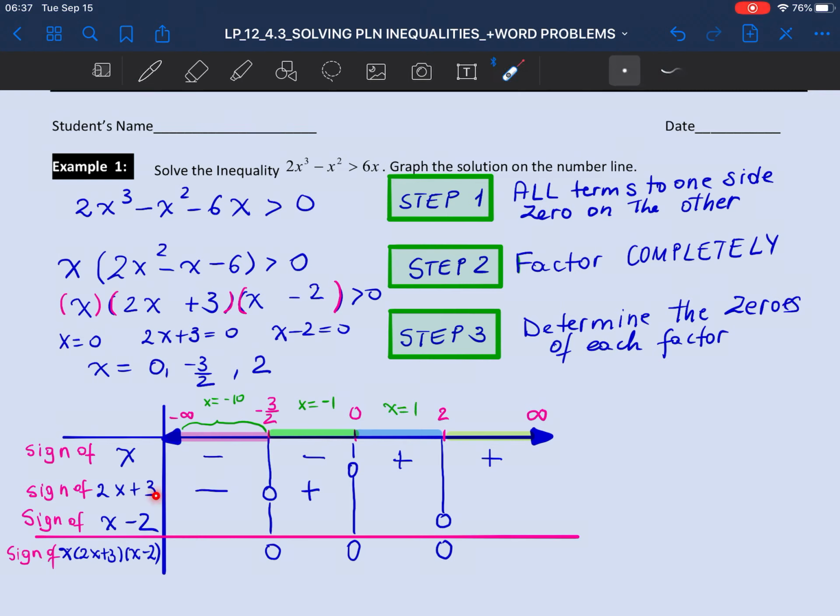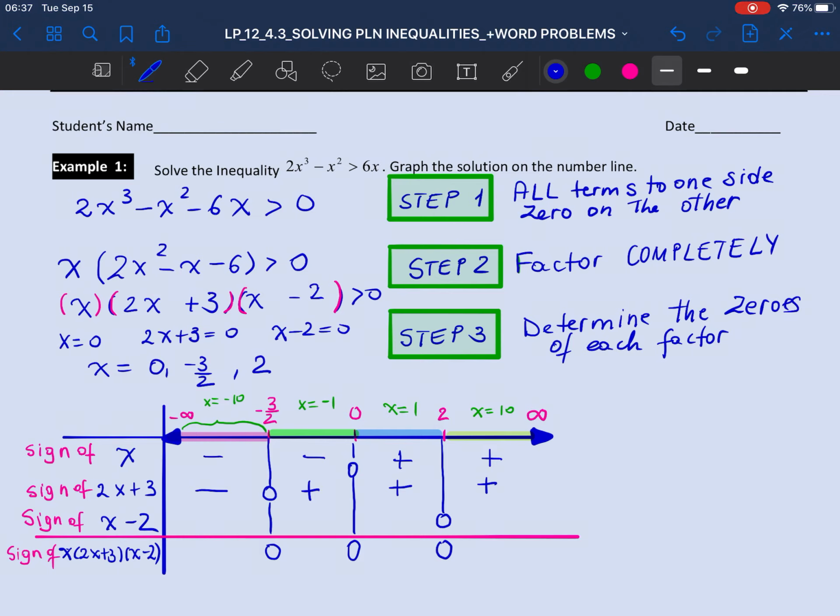So 2 times 1 plus 3, 5, so that's positive. Between 2 and infinity, we can take a testing value, for example, of positive 10. Doesn't really matter. 2 times 10 plus 3, 20 plus 3, 13. So that's a positive.